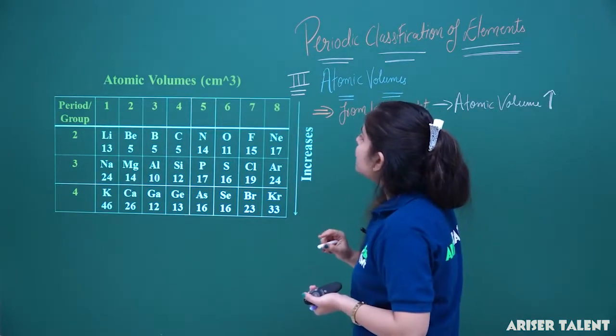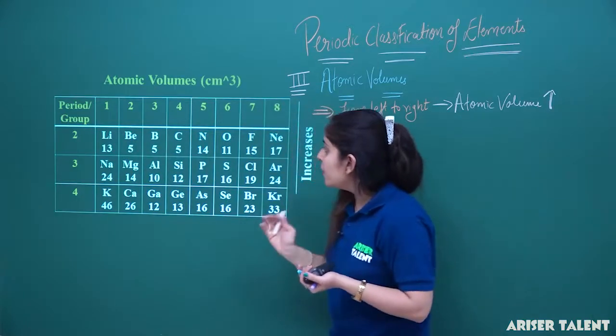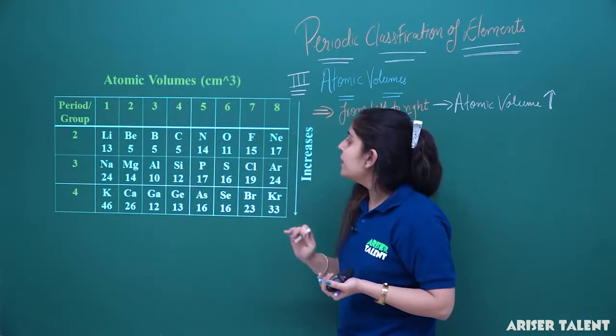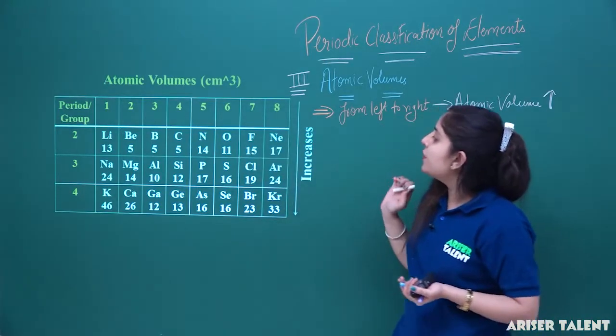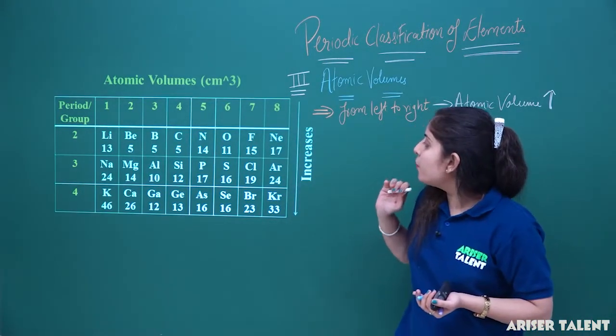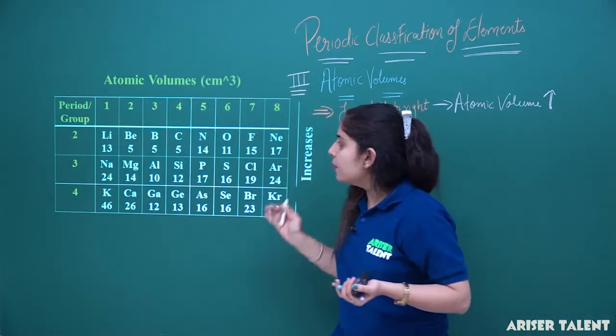But what trend is it following? It is lowest in the first part, then in the middle part it decreases or somewhat increases, and then it again shows the trend of increasing atomic volumes. So we can say that it follows a gradual trend.